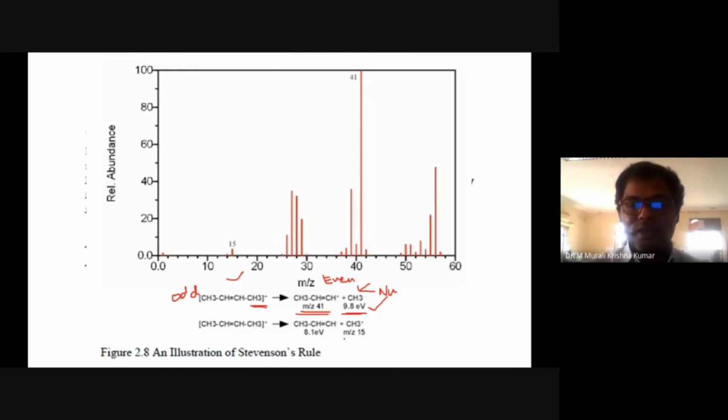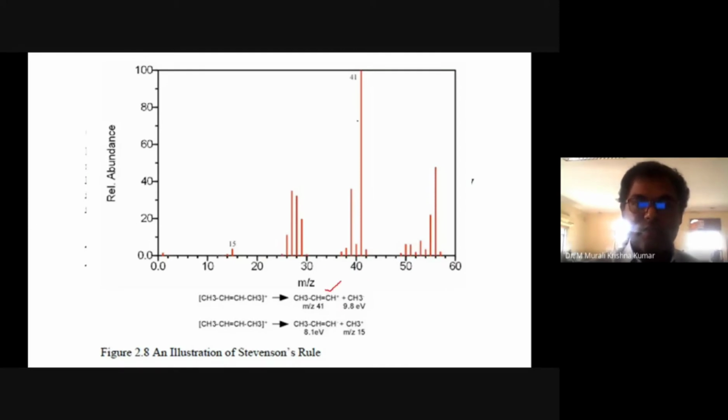Whereas in the second case, if we assume that the methyl carbocation is formed and the neutral radical is formed on the other side, here the ionization energy is 8.1 electron volts. And this facilitates formation of this ion more. Also, we have just seen that the propene carbocation formed over here is stabilized via resonance stabilization.